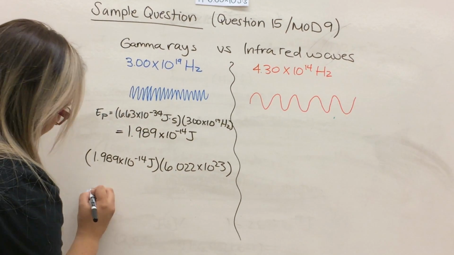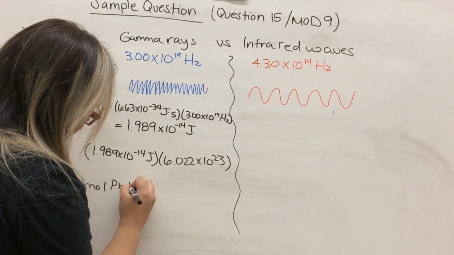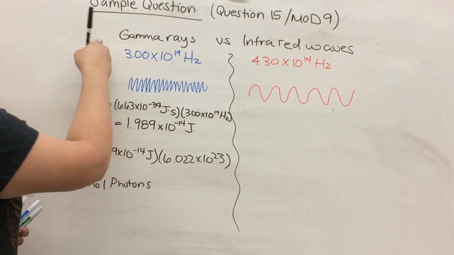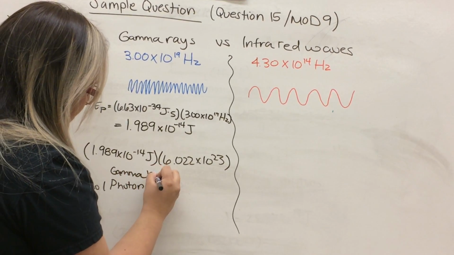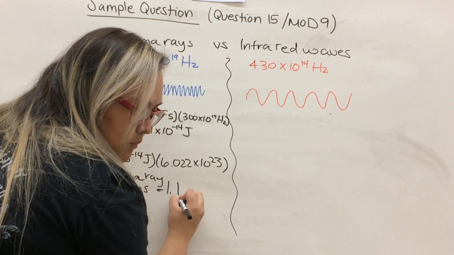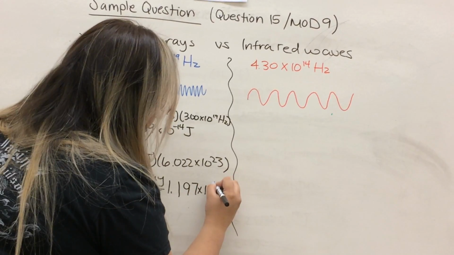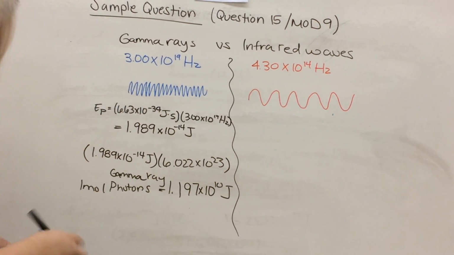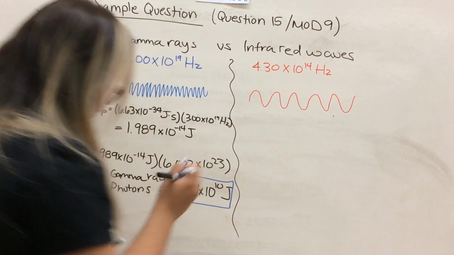And we get that 1 mole of photons, and keep in mind that these are gamma rays, is equal to 1.197 times 10 to the 10 joules. So I'm going to box this in so we keep this in mind.